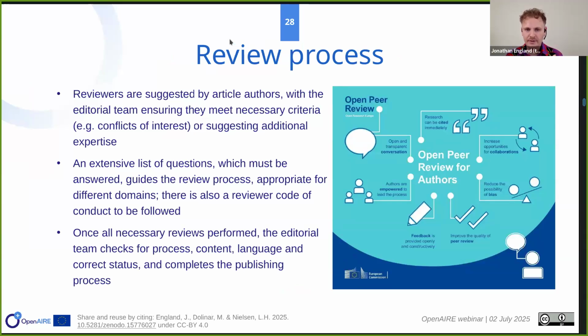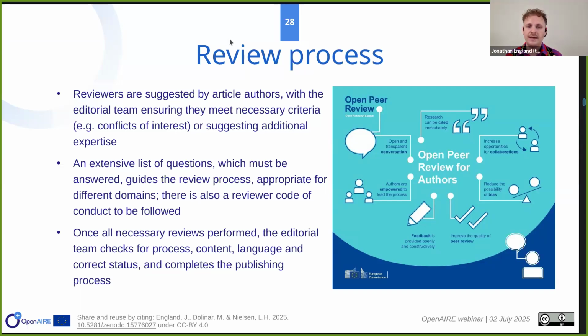So in the reviewing process, the reviewers are suggested by the article authors, and then the editorial team checks if they meet the criteria, like any conflict of interest, which is similar to any type of publishing venue.